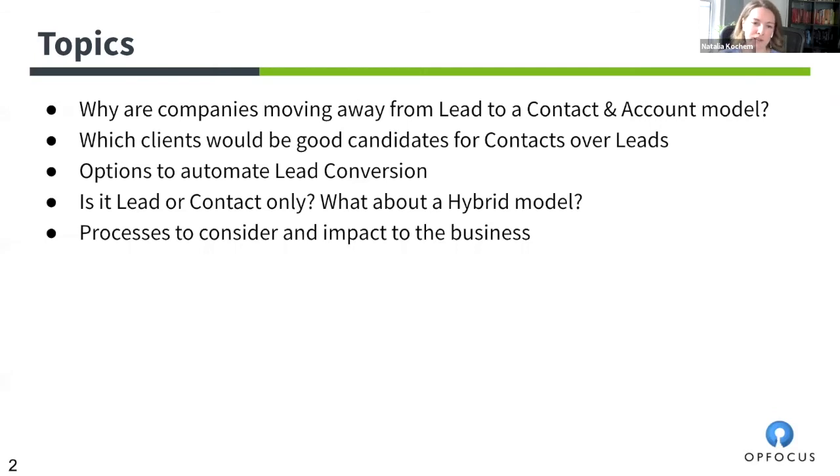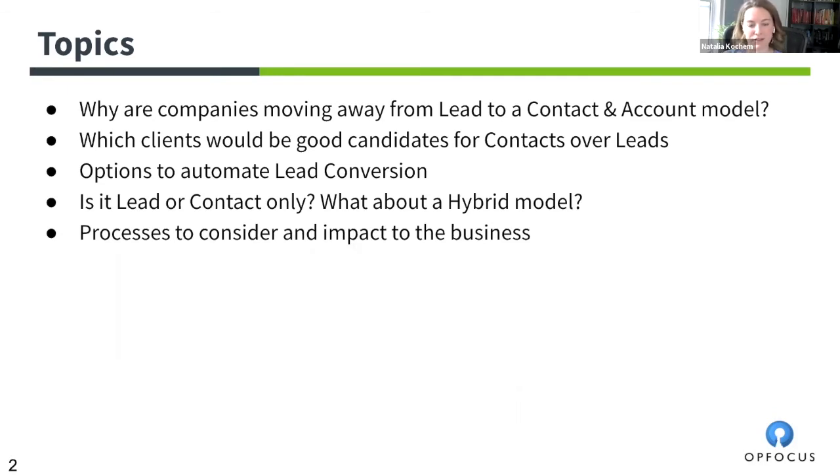So for today's topics, I've got: why are companies moving away from leads to a contact and account model, which clients would be good candidates for contacts over leads, and what are the options to automate lead conversion. I've gotten this question from clients before: is it a lead model only or a contact model only?